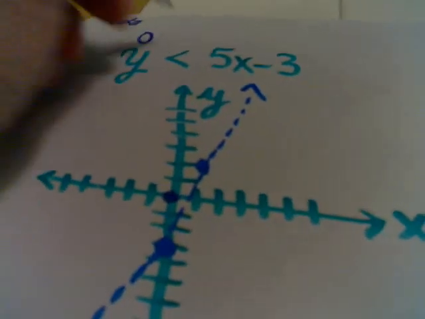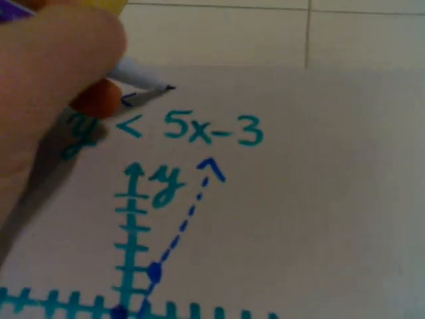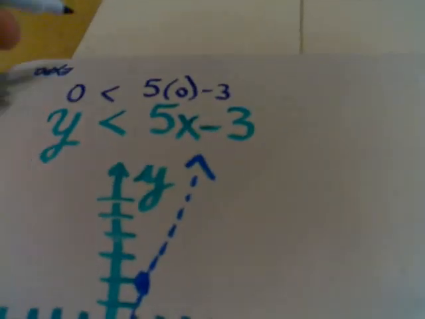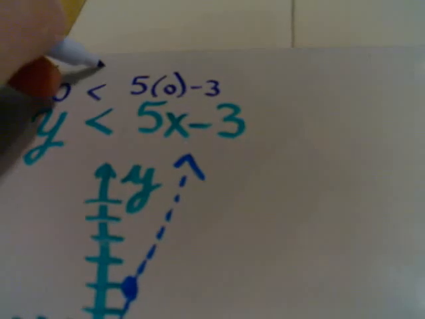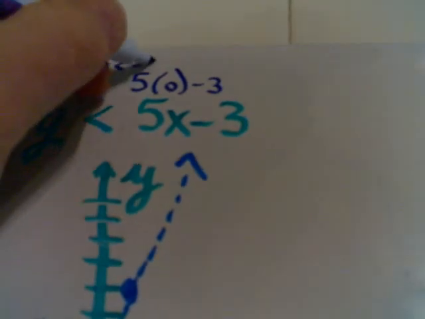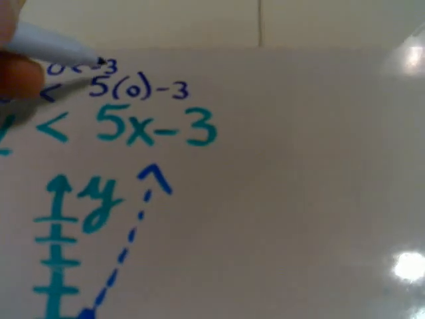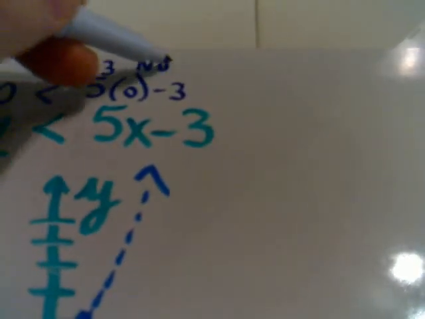I'm going to plug 0 in for y, and I'm going to plug 0 in for x into my inequality. And that actually gives me the statement that 0 is less than negative 3. 0 less than negative 3? No, it's not.